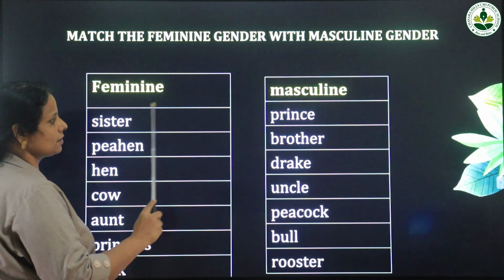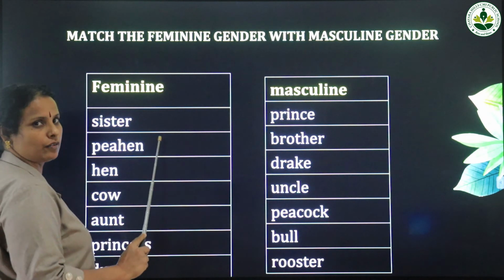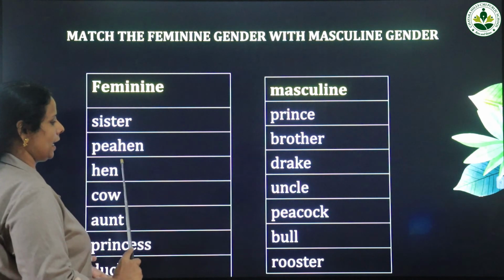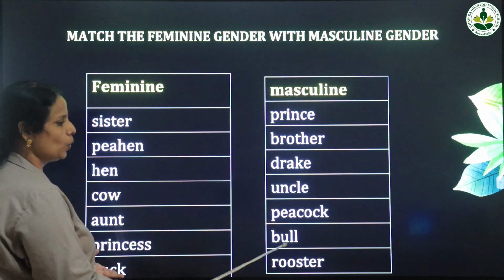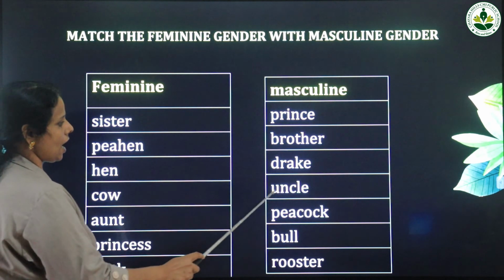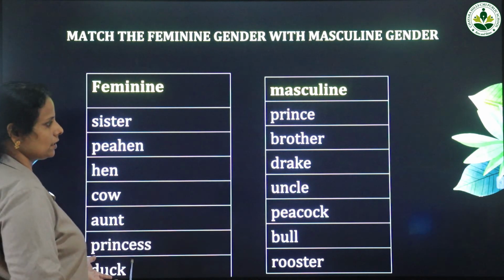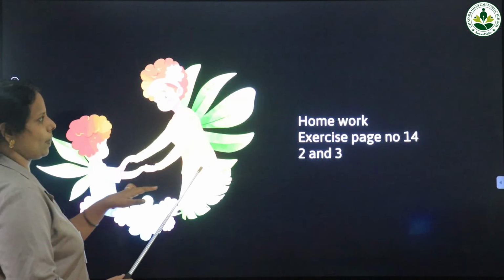Sister means masculine gender is brother. Then peahen, peacock. Hen, rooster. Cow, bull. Aunt, uncle. Princess, prince. Duck, drake. This you have to do in your textbook.